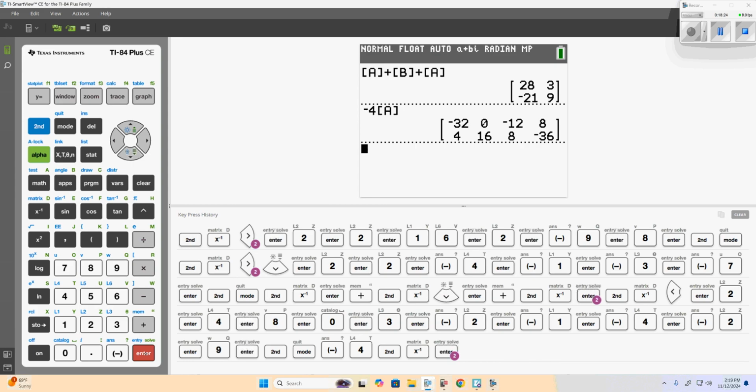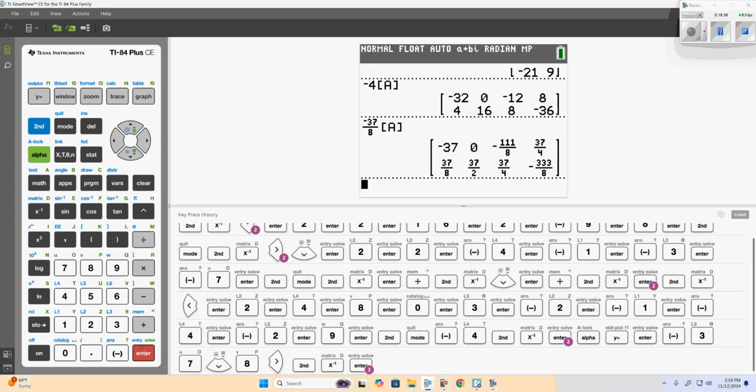Because if we wanted to, alpha y equals enter, we can say negative 37/8, second matrix A. I'm just picking a number off the top of my head. Negative 37/8 times A, it'll do it for us. And even if it does give us decimals, math, enter, we'll turn it back to fractions. We feel good about scalars.